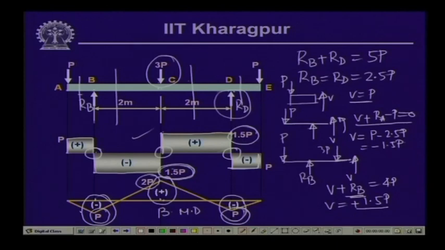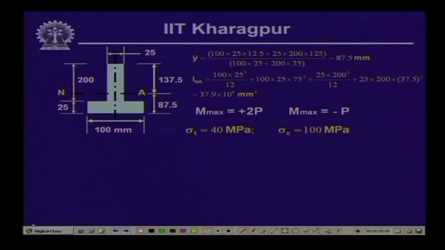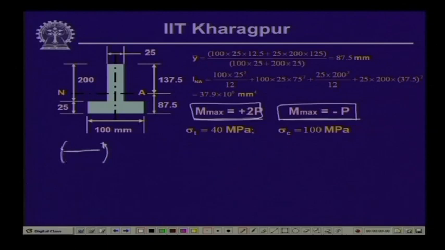So, if we deal with these 2 moment values, we have identified a maximum positive moment equal to twice P and a maximum negative moment equal to P. And mind that when we have a positive moment, it is in this particular direction, causing a compressive stress at the top and tensile stress at the bottom.